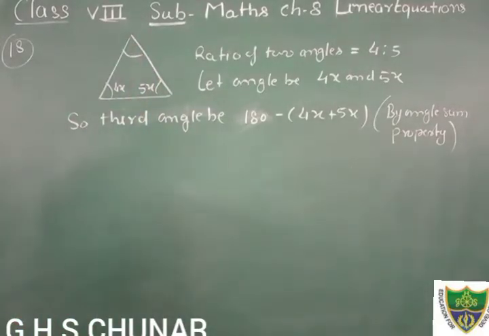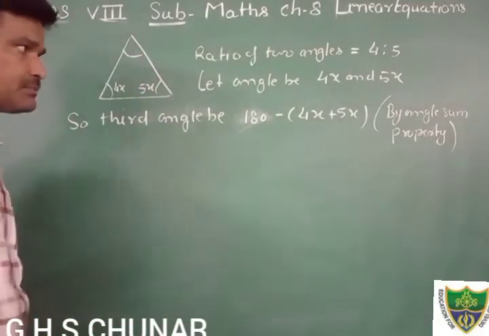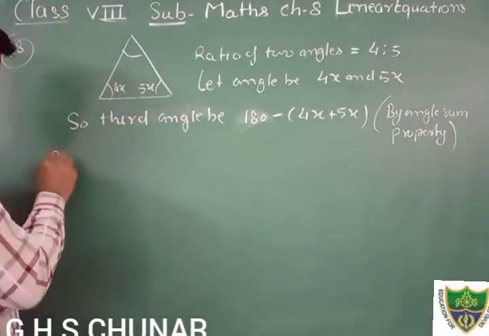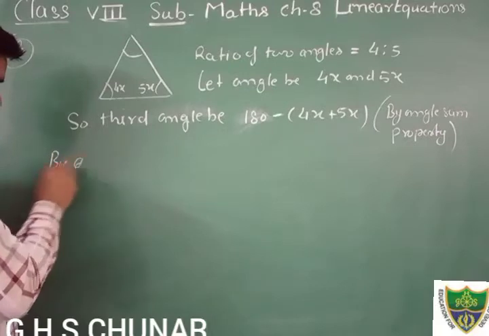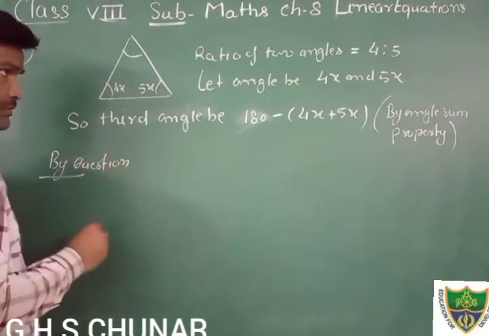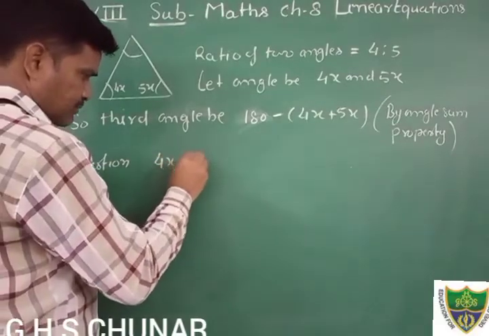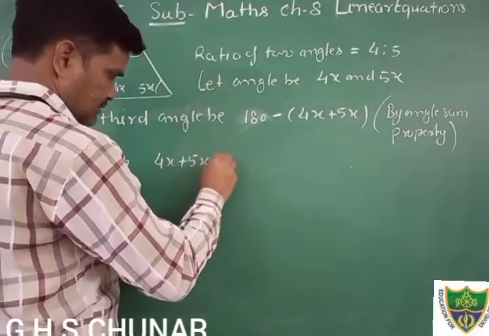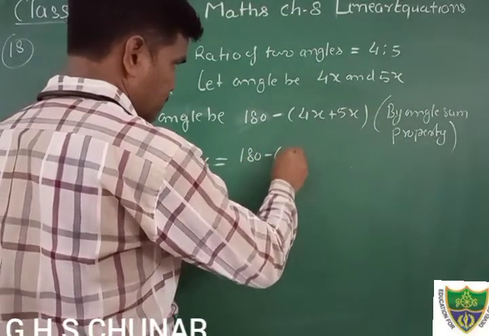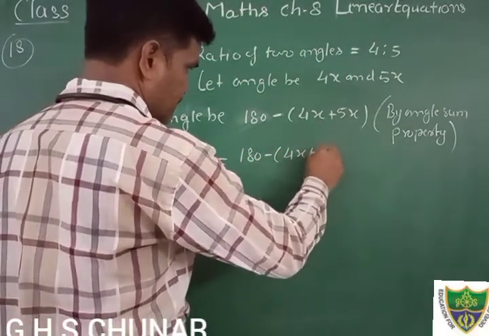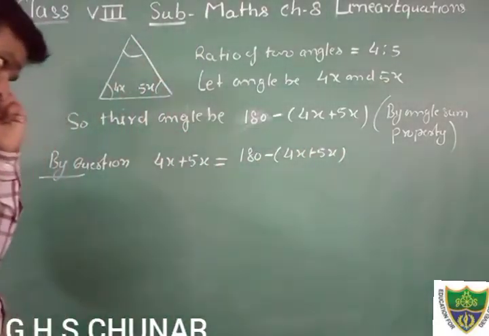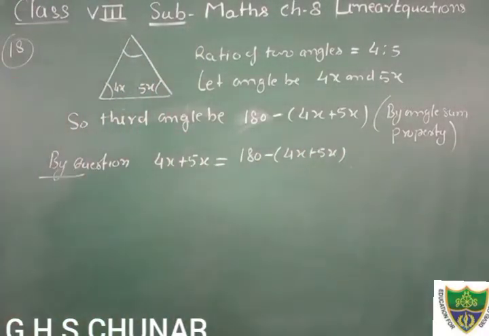Okay. Now, in the question it is given that, by the question, 4x plus 5x is equal to 180 minus (4x plus 5x). That's clear?